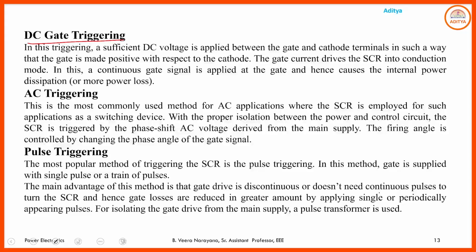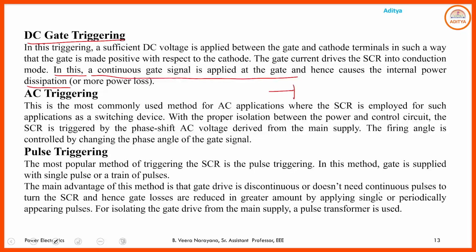In this triggering, a sufficient DC voltage is applied between the gate and cathode terminals of the SCR. If you provide this positive gate voltage, then the gate current drives the SCR into the conduction state. The main disadvantage is that a continuous gating signal is applied at the gate and cathode, hence internal power dissipation or more power loss takes place.